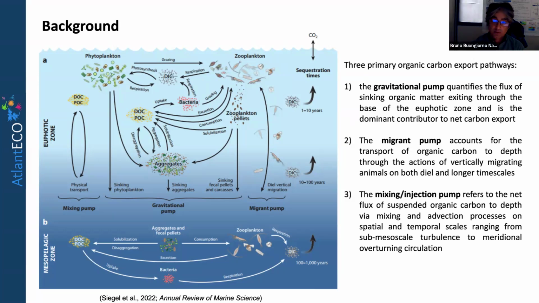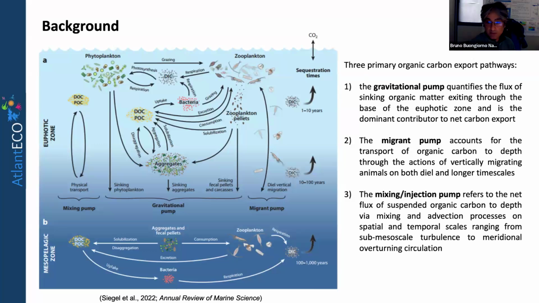There's one very strong component related to the gravitational pump, related to big particles that are sinking very fast from the euphotic layer to the deep ocean.